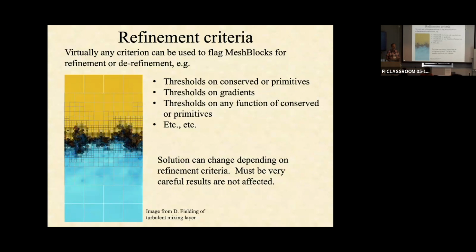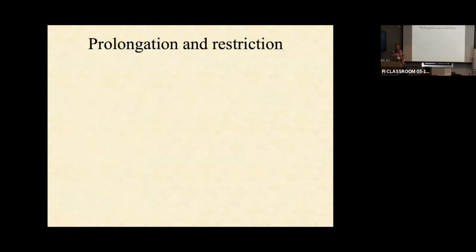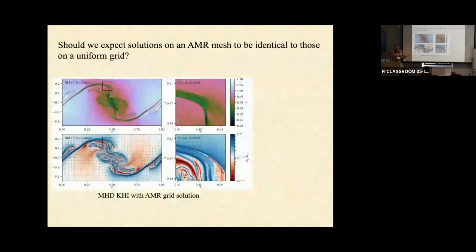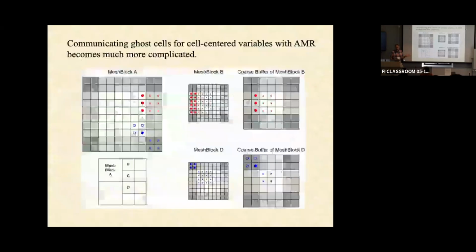Whatever the highest resolution simulation you run, run one at half that resolution. And if those two are different, then you have to be worried, because you're not quite sure that if you went one more step, maybe that would be different. So if you're doing that already, there's no difference with AMR. Basically, how many levels do you need? That's a very solution dependent thing.